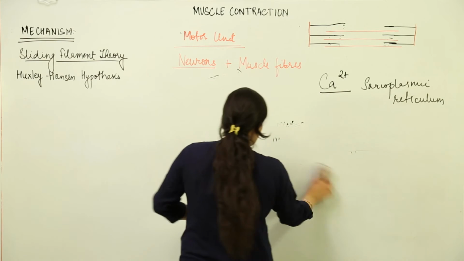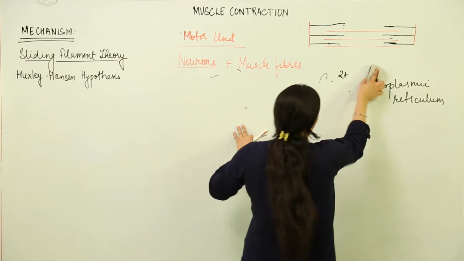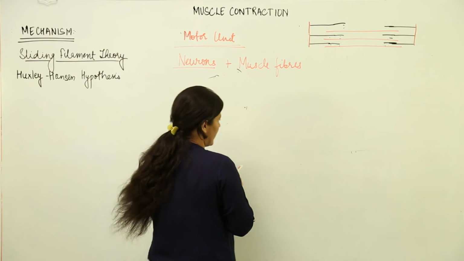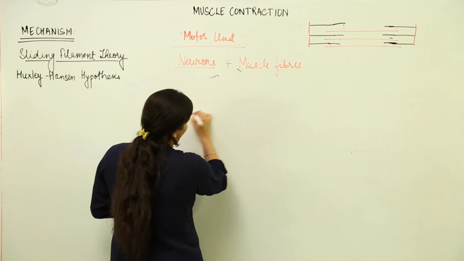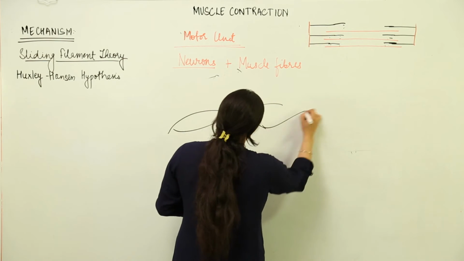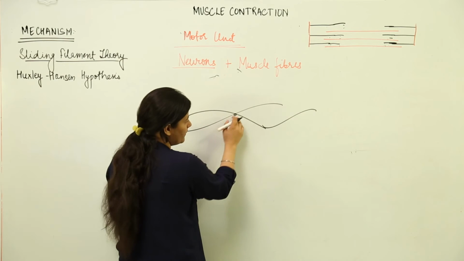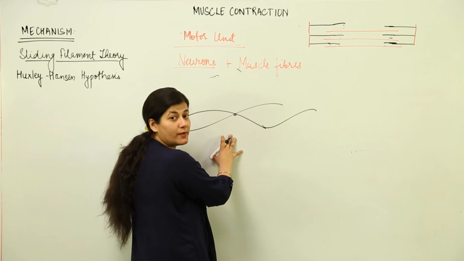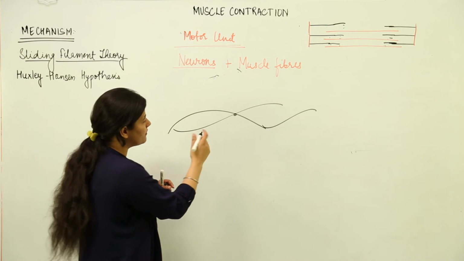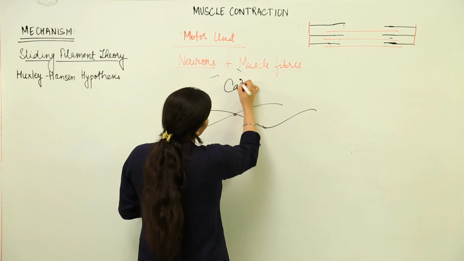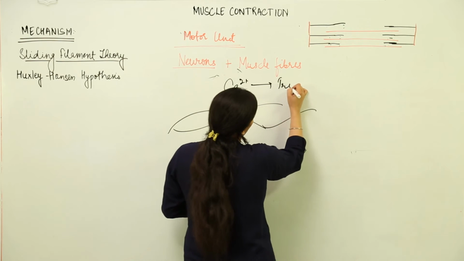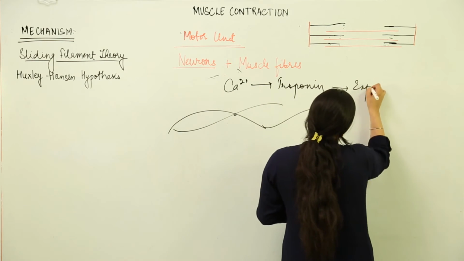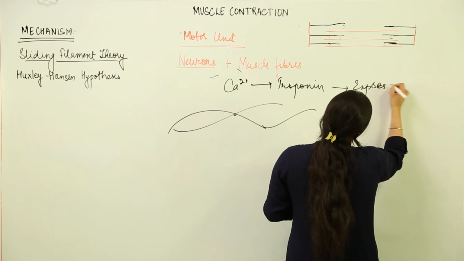As soon as the calcium ions are released, they go and bind to the active sites of actin, which is masked by troponin. So basically, the calcium ions would go and bind with troponin, which exposes actin sites, okay?